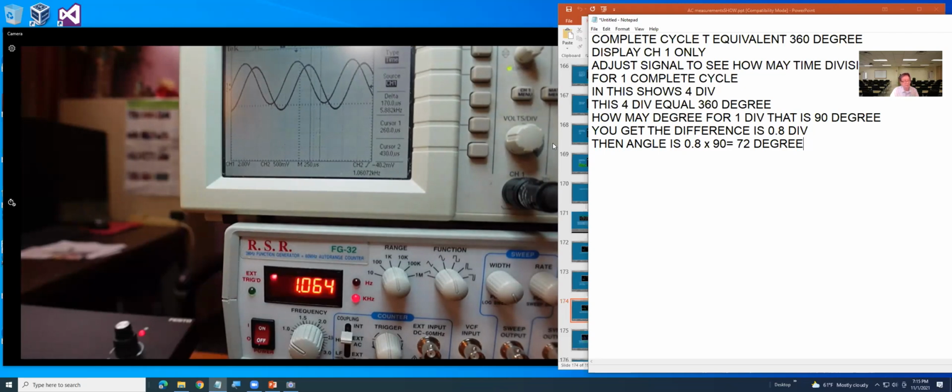A second one, if you want to measure the phase angle, then you have to follow step by step in order to get the correct answer. Okay, so far, any questions or any comments, anything else, just let me know.